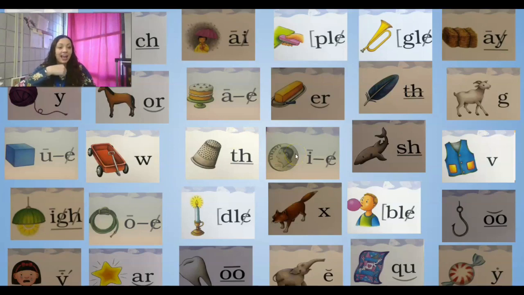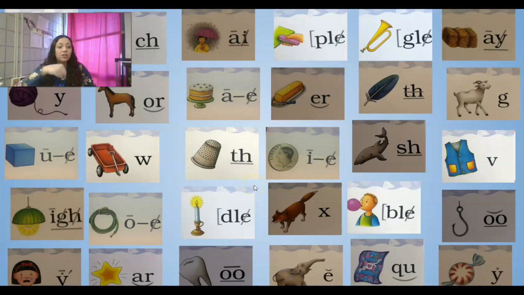Dime, I consonant E. Sharp, digraph SH. Vest, V. Light, I. Trigraph IGH. Hose, O consonant E.